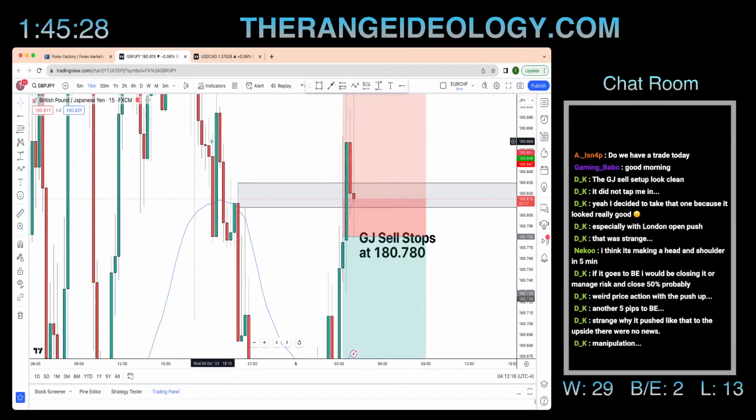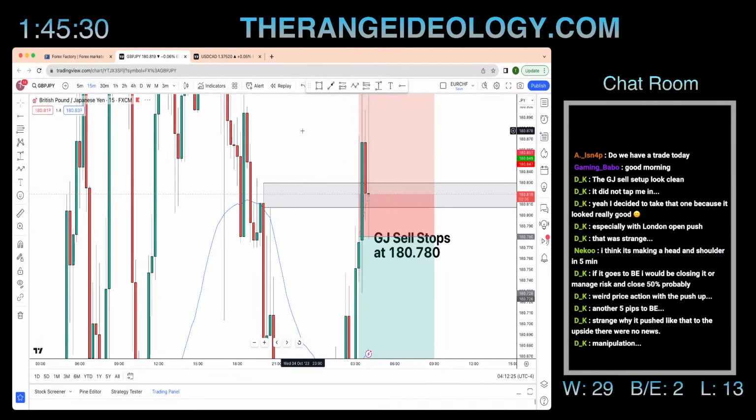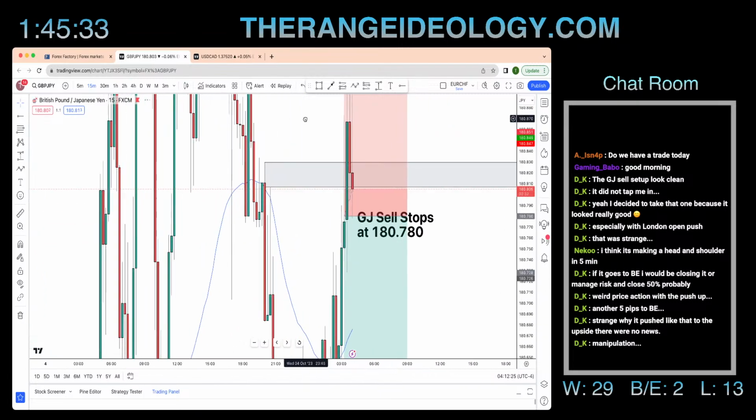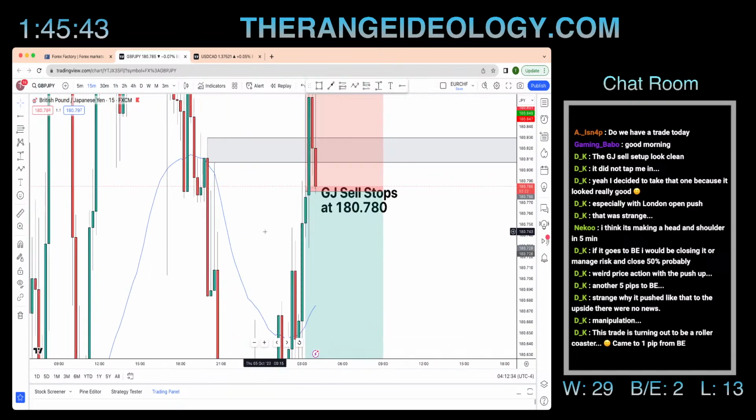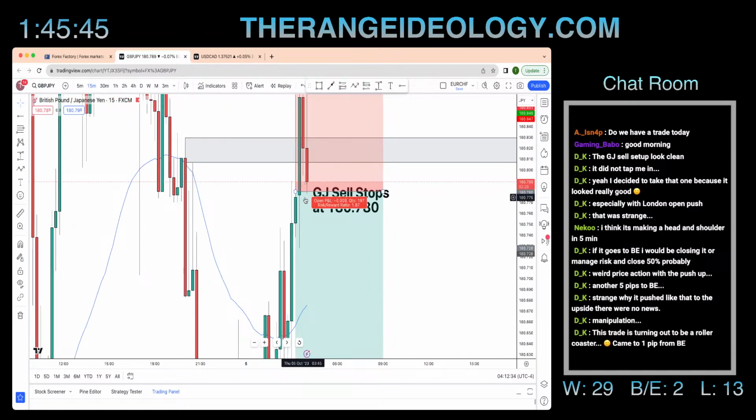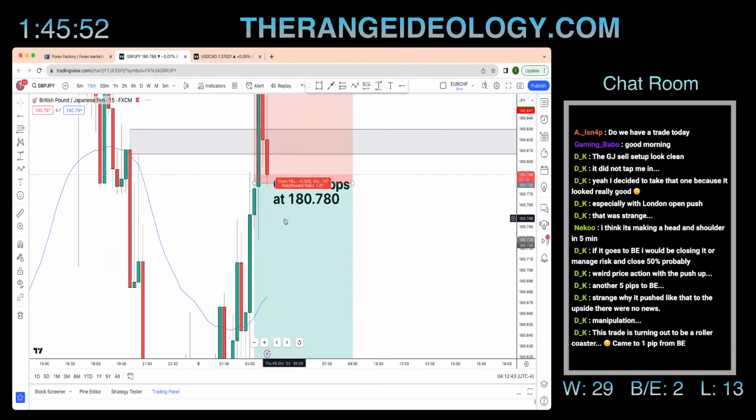It's 3 minutes shy now. It is pushing though. It's trying. It's attempting. Yep, pretty much, it came right. You can see that it nearly tapped into our break-even point, and it's showing some bearish momentum right now.